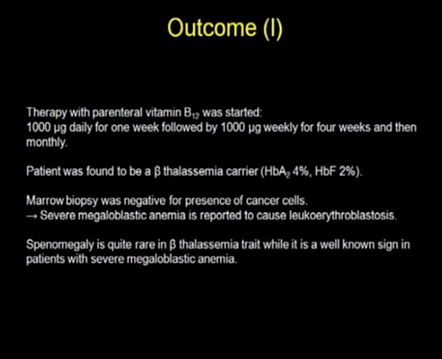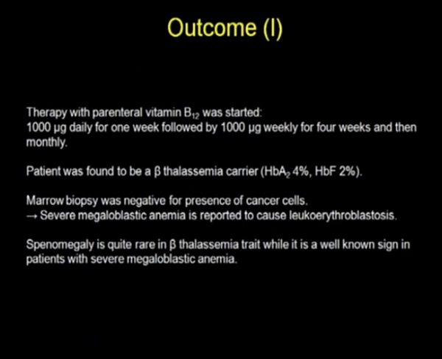Outcome. The patient was treated with vitamin B12 and he was found to be a beta thalassemia carrier. This was the electrophoresis. Marrow biopsy was negative for the presence of cancer cells.